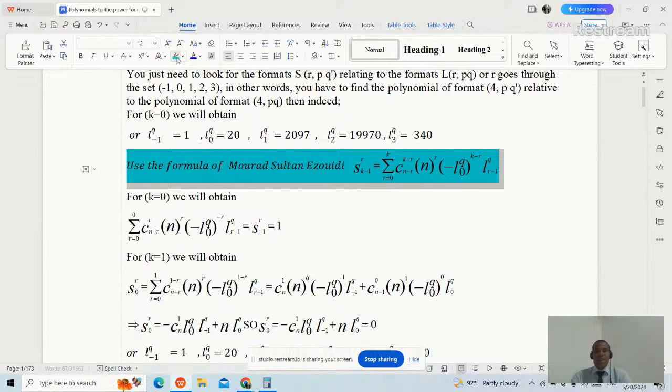This formula was discovered by Mr. Mourad Sultan Ezouidi, the Tunisian researcher and teacher. I spent more than 14 years doing research and digging into the field of mathematics, and thanks to God, I reached this formula. Not only this formula, in fact, but many formulas. In this topic, we focus on this one.